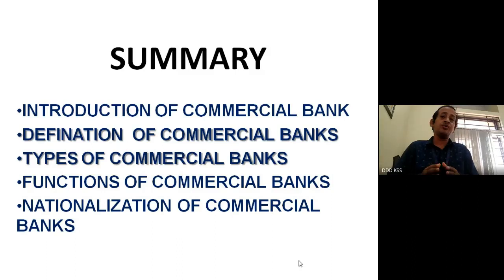Then another category, bank agency service, where the bank works as an agent. Like the bank pays for its clients insurance premiums, house rent, electricity bills, pipeline gas bills, water bills, etc. So this is basically the summary of the functions of commercial banks.